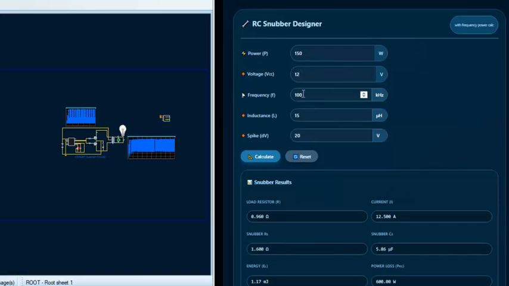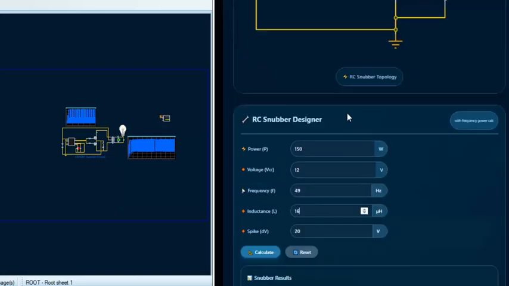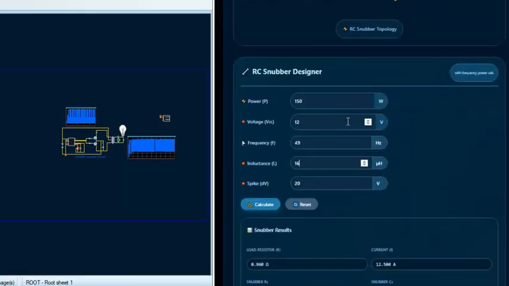Here I have used output power as 150 watt, the source battery voltage is 12 volt, the signal frequency is 50 Hz, the leakage inductance is 22 microhenry, and the dV, the high voltage tolerance, is 20 volts.